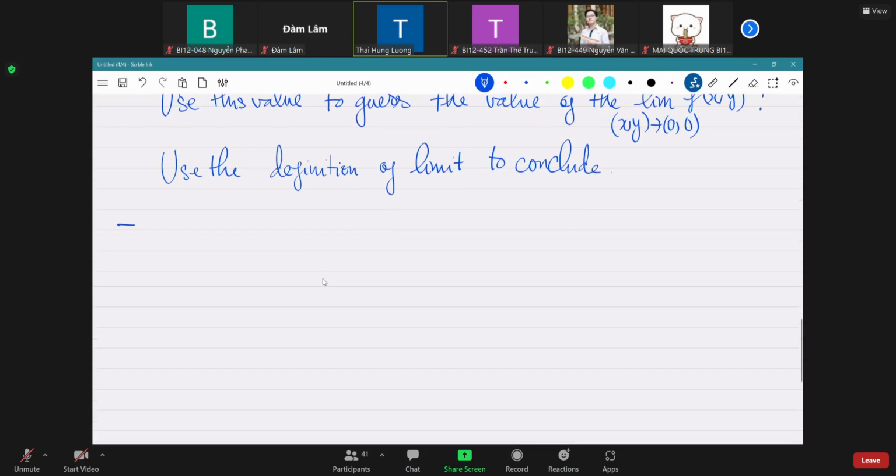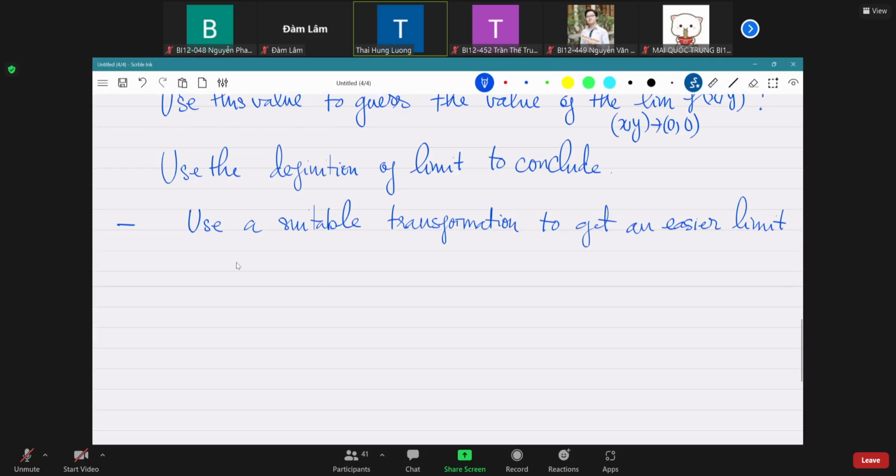The second way to do it is to use a suitable transformation to get an easier limit. By easier limit, I mean a limit where you can easily prove the existence of the limit and the value of the limit.